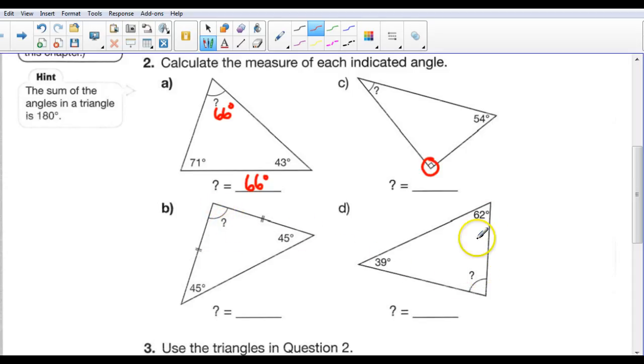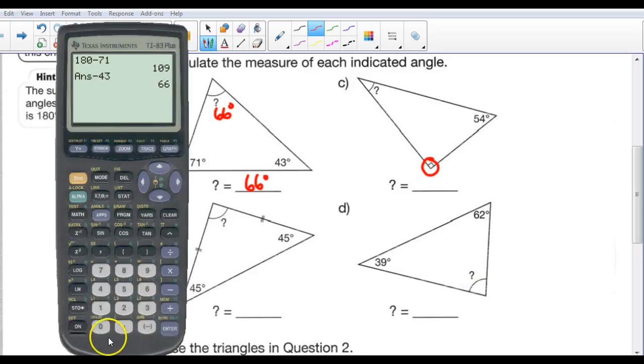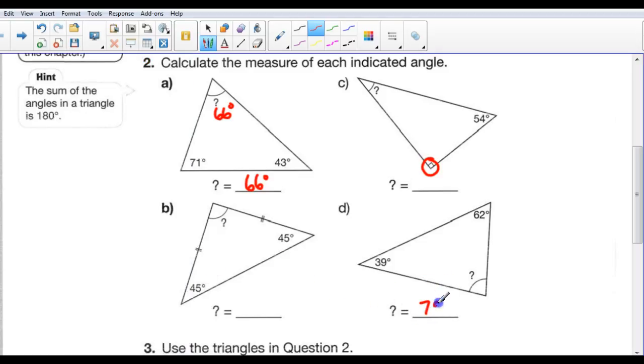And let's do D. Let's do 180 degrees. Let's clear this. 180 subtract 39 equals, subtract 62 equals, we get 79 degrees here. So this is 79. Does this look like the longest side? Yes, it does look like the longest side.